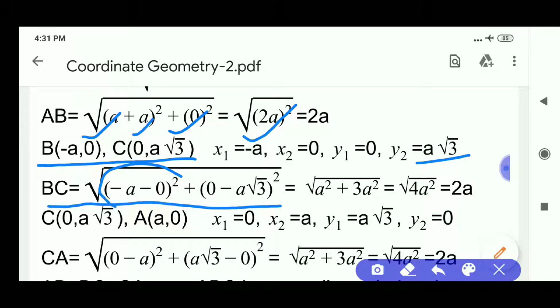Here you will get minus a whole square, that is a square, and here minus a root 3 whole square, a square times root 3 square which is 3. So it becomes 3a square. 3a square plus a square is 4a square. Its square root is 2a.